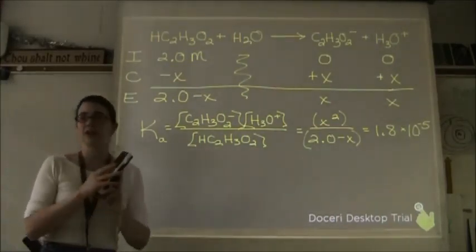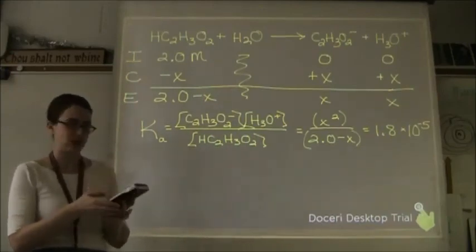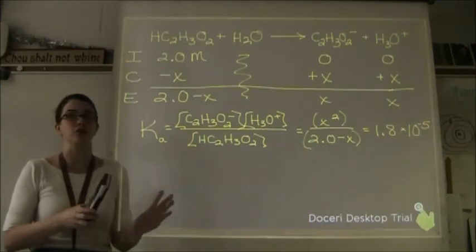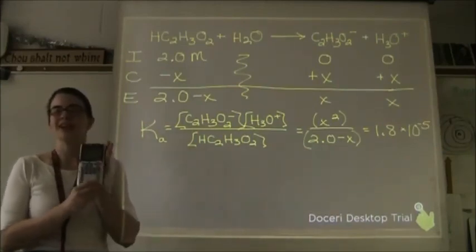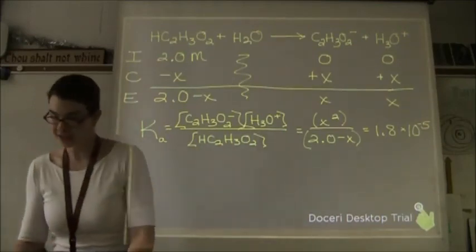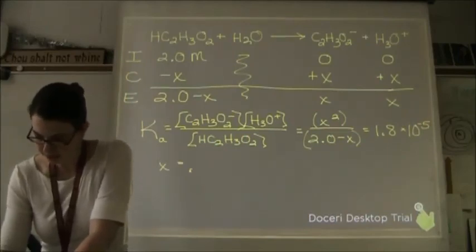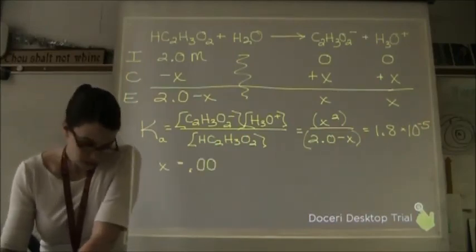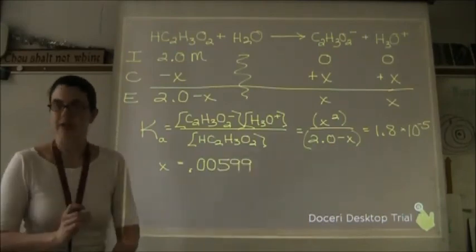Do you remember where to go to do that? Second, calc, then intersect, and then what? Enter. Please don't move the cursor. Enter, enter, enter. If you did it right, this is what x should come up to be. Anybody else get that?